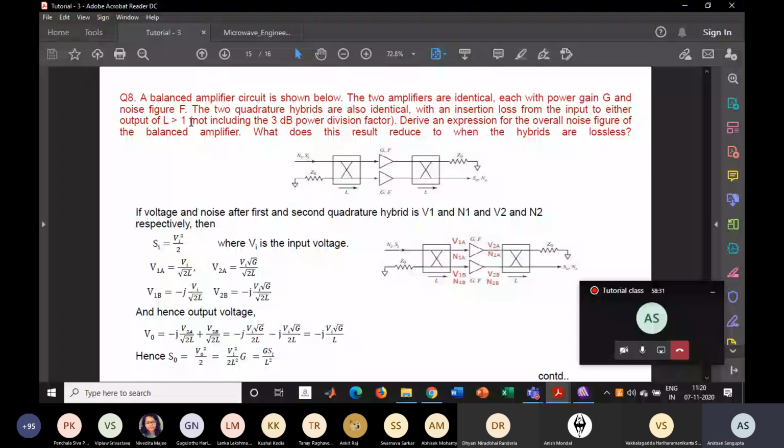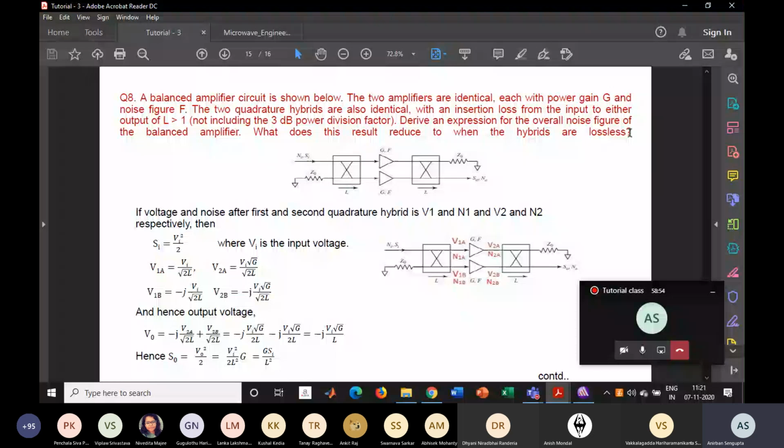Derive an expression for the overall noise figure of the balanced amplifier. What does the result reduce to when the hybrids are lossless? So there are two parts. First, we have to derive the expression of the overall noise figure, and then apply the lossless condition.